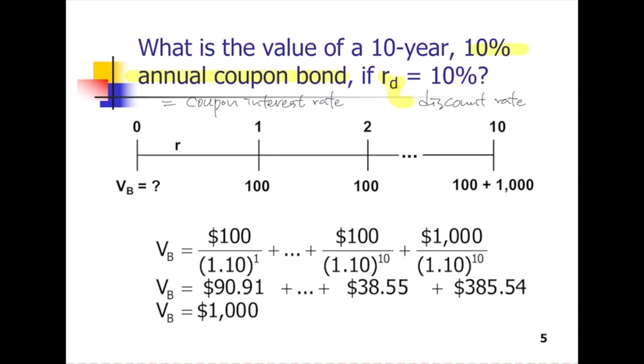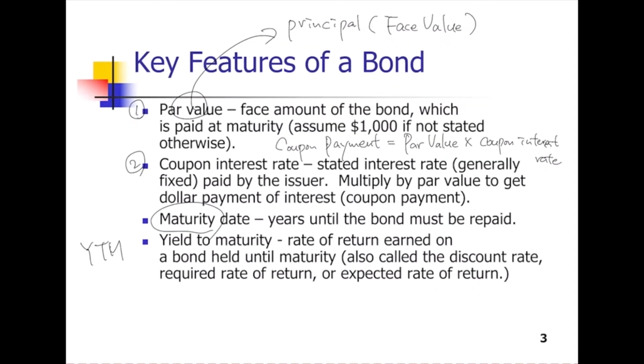As I mentioned before, the value of a financial asset is the present value of all these cash flows. So the value of a bond is the present value of all these cash flows. This cash flow comes from face value multiplied by the coupon interest rate. In this case, there is no stated face value, so we assume $1,000 if not stated otherwise.